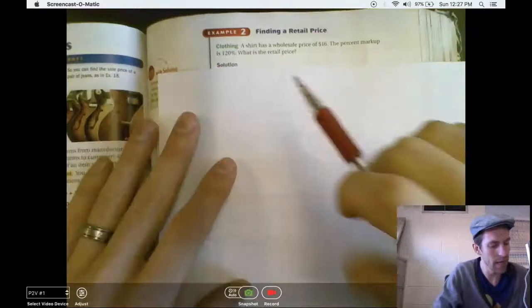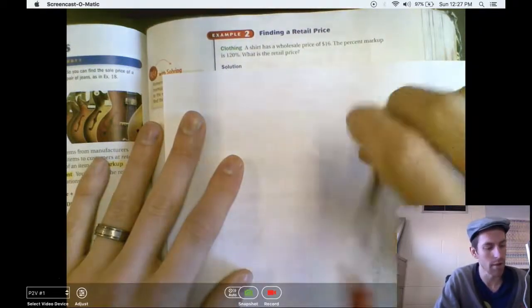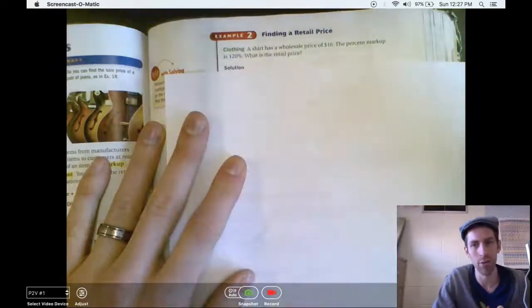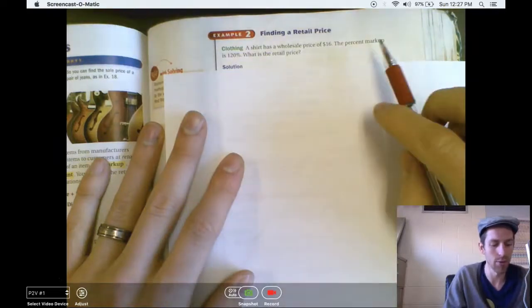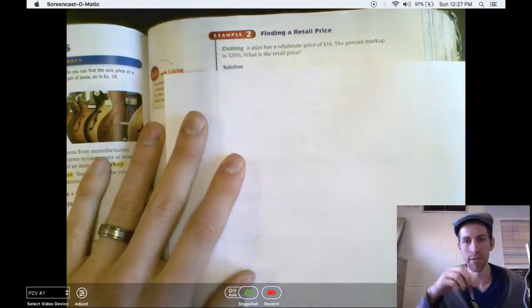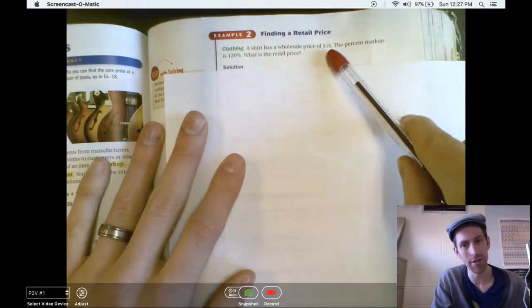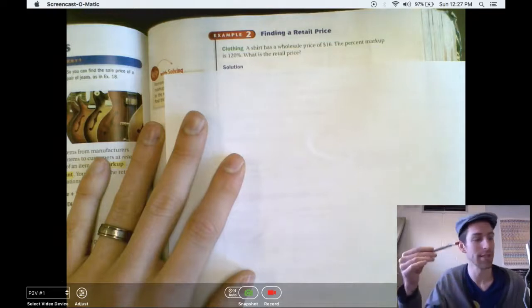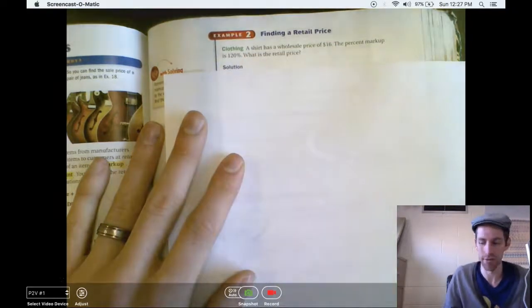Clothing. A shirt has a wholesale price of $16. The percent markup is 120%. What is the retail price? Now, this word markup is actually a percent. Remember percent of change? It's an increase. So $16 is going to be increased by 120% of $16.